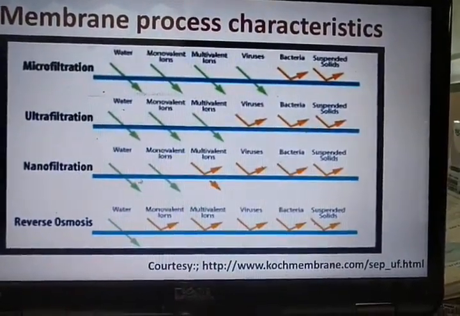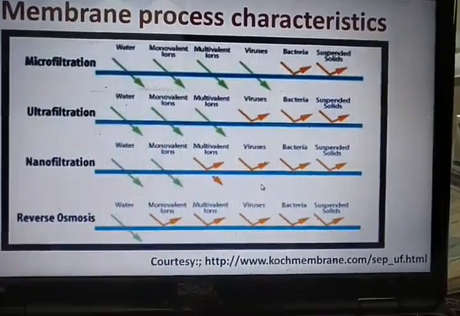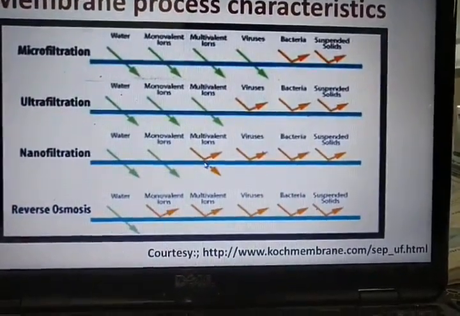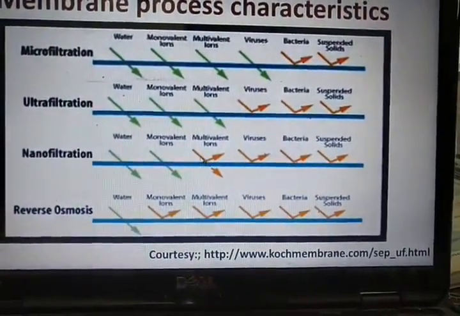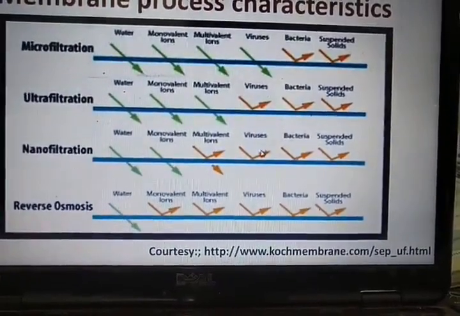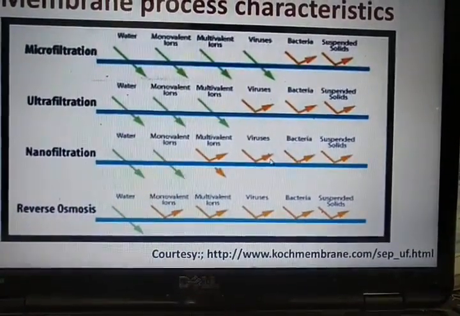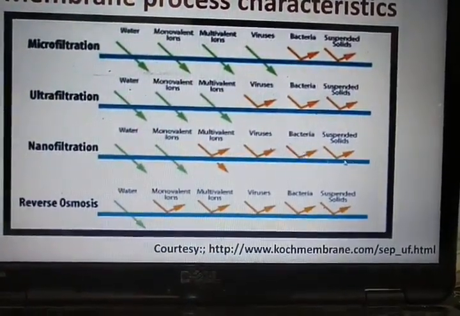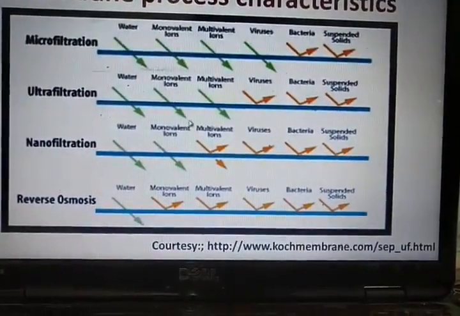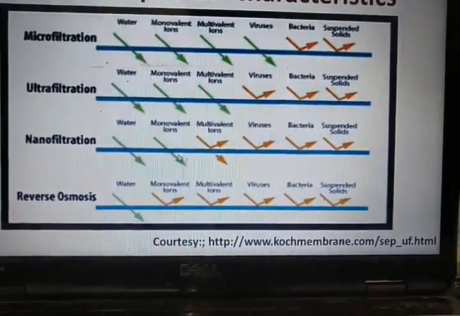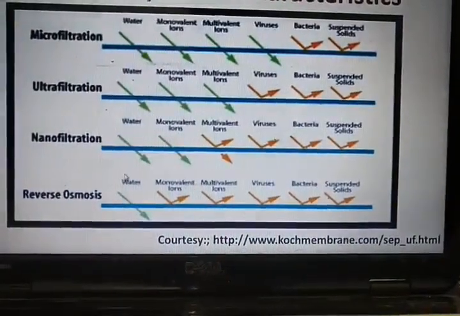If you talk about nanofiltration, it retains some of the multivalent ions. It also removes some viruses, bacteria, and suspended solids, whereas only monovalent ions can be found in the permeate.